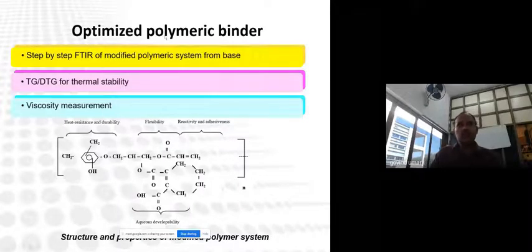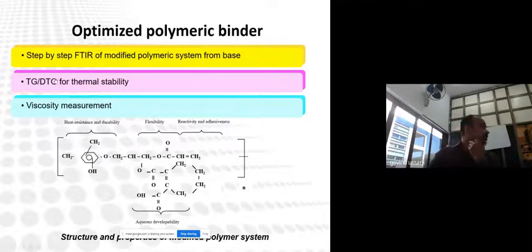So in order to optimize, we have taken various characterization techniques: FTIR, then TG-DTA. Viscosity measurement we have also done in order to have the rheology properties. This is the total structure where we identify which group will give which properties.